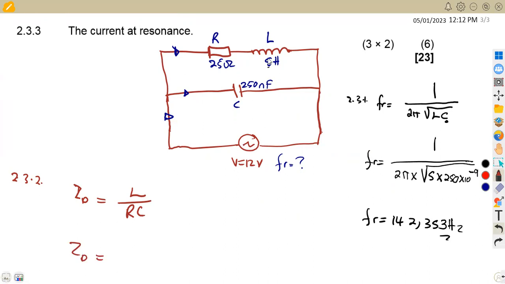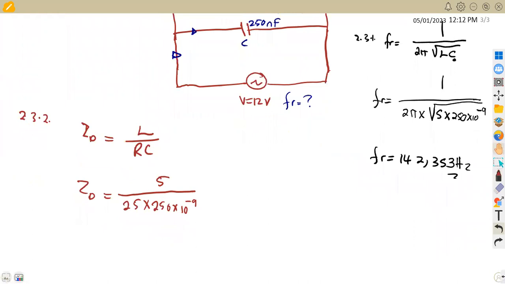Our L, the inductance, is 5, over the resistance of the circuit, 25, times the capacitance, 250 nanofarad, which is to the exponent of -9. So this is going to give us the dynamic impedance ZD. That's not 80,000, but 800,000 ohms.